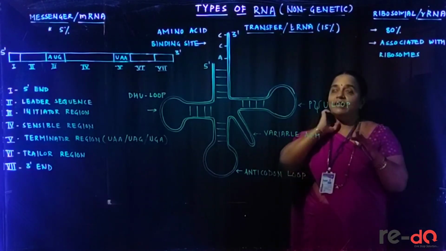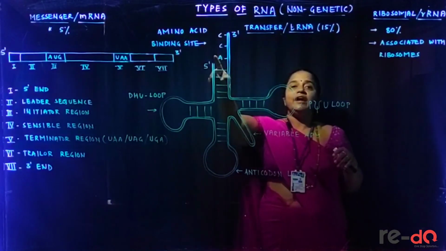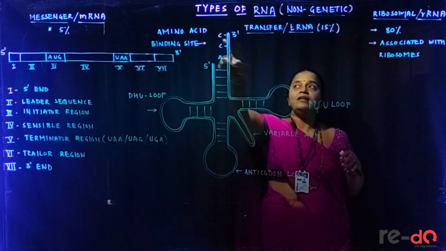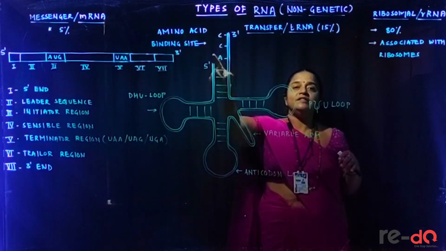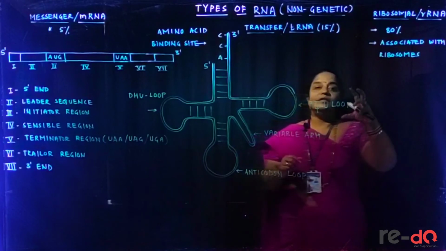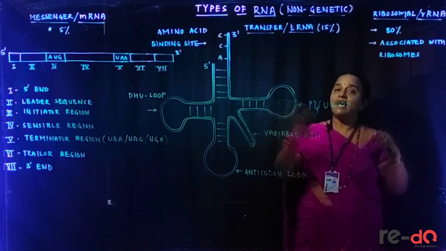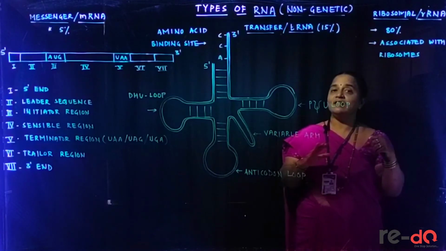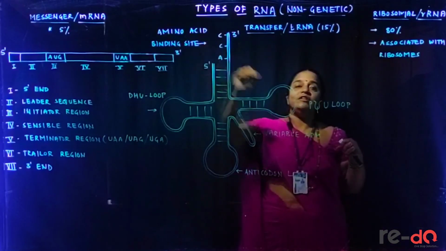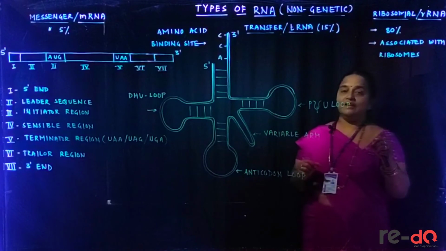Activated methionine is added to the CCA end. This is the 3' end where the triplets CCA are available. They will help in attachment of the activated amino acid, and that's why we call this the amino acid binding site.